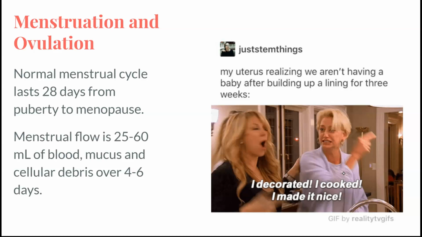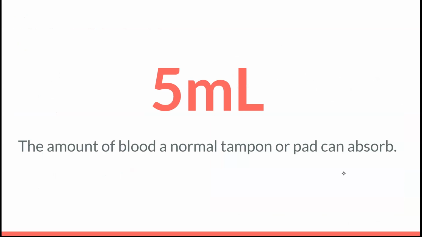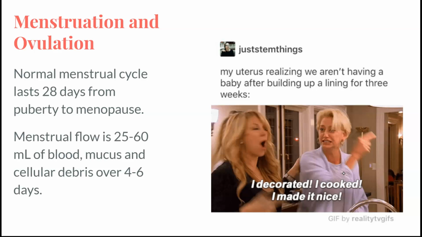Women are kind of at a baseline anemic state as it is because we bleed every month. So it could cause all sorts of issues. A normal tampon or pad can absorb about 5 milliliters of blood. This is important when you're assessing your patient. So if you have a woman who's saying, listen, I've gone through 10 pads this past hour, that's 50 milliliters of blood, and that's more than they should already be bleeding, right?